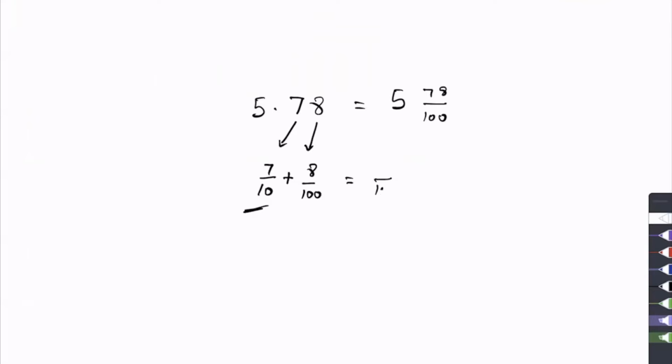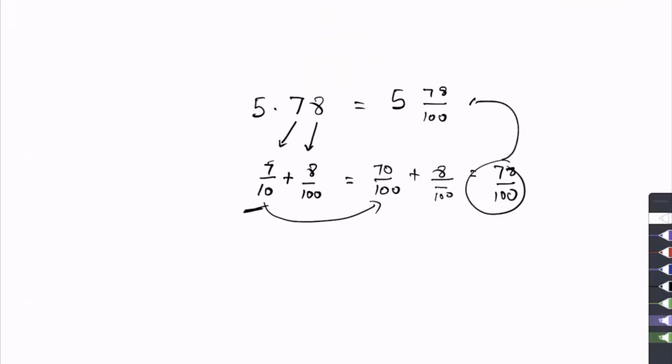So we'll write 100 there. So 10 times 10 is 100. 7 times 10 gives us 70. And if we write the 8/100, we can now see it's 78/100, and that's why that would be 5 and 78/100.